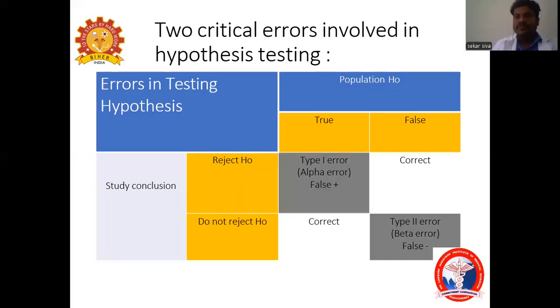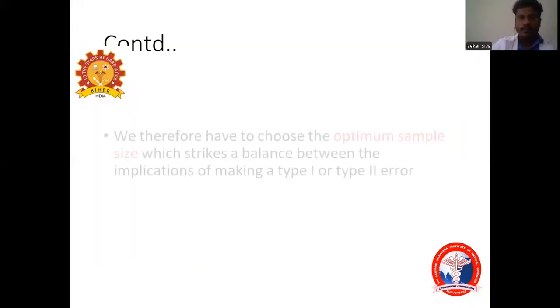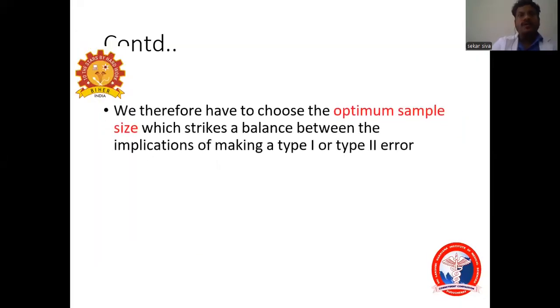And if it is false, but we do not reject the hypothesis, then there will be a type 2 error, that is beta error. So the type 1 error is called alpha error and the type 2 error is called beta error. Therefore, we choose the optimum sample size, which strikes a balance between the implications of making a type 1 and type 2 error.